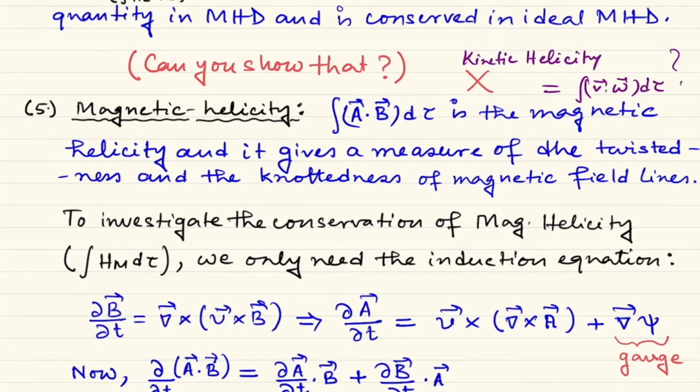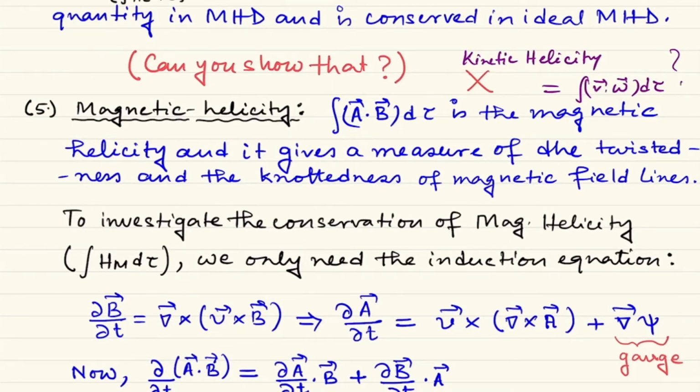So helicity gives a measure of the knottedness or the interlinkedness of the different types of lines of force, that is, between the magnetic lines of force, or the streamlines, or between magnetic lines of force and streamlines, which is given by the cross helicity.